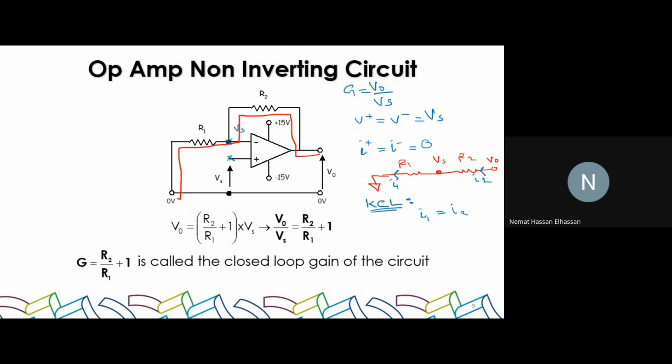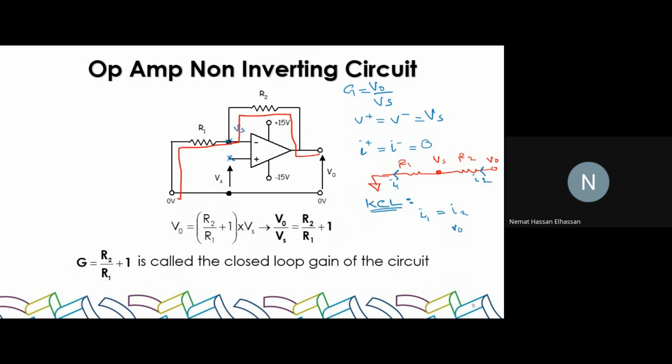So what is the current I1? The current passing through the resistor R1. Using Ohm's law, V what? V out. Which one are you getting, I2 or I1? I2. I2 is equal to V out by R2. The voltage across the resistance R2 is what?